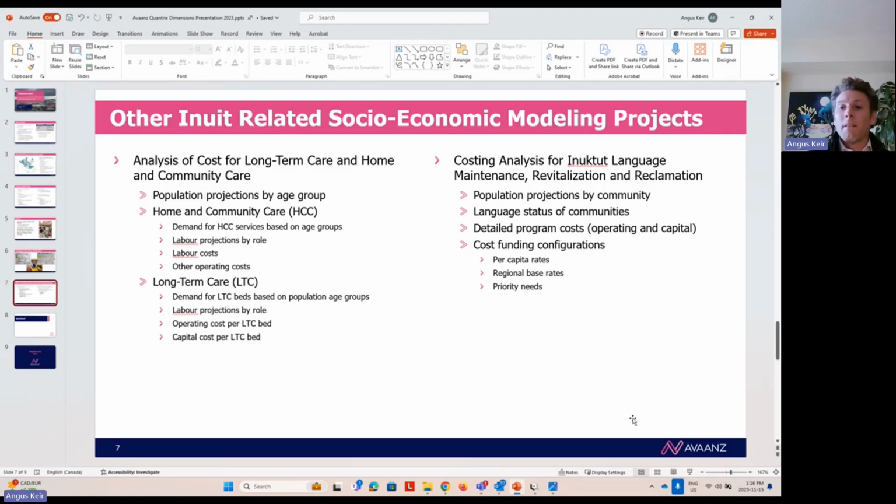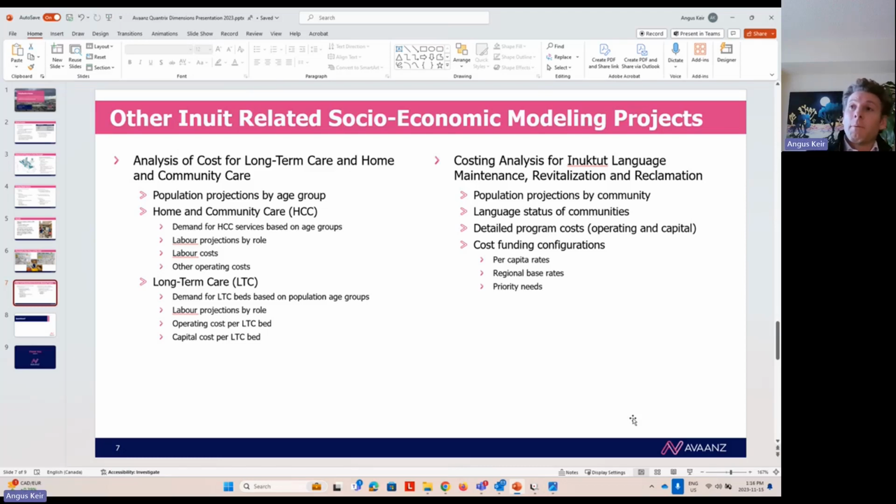So again, an organized structure of the model. The foundation of these socioeconomic models is population. What they wanted to understand for this project was, okay, what would be the cost of improving health services for long-term care and home community care specifically.